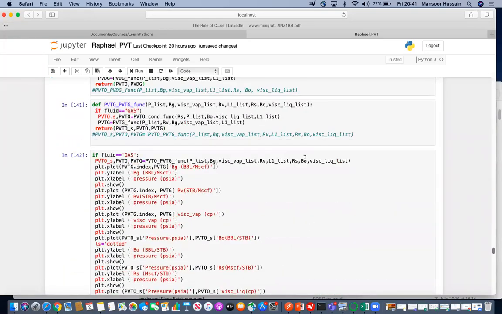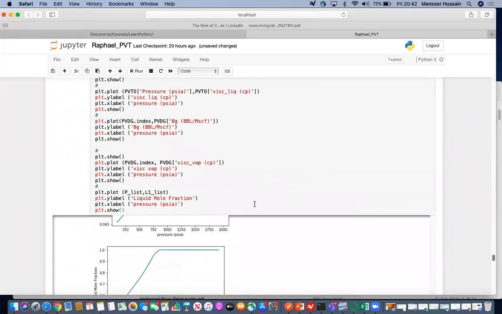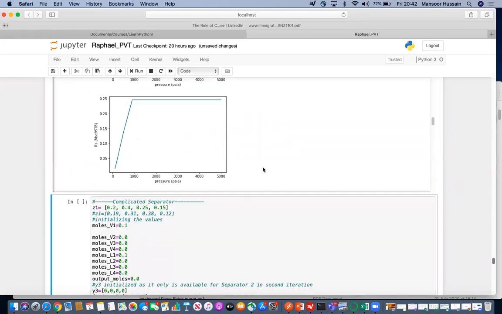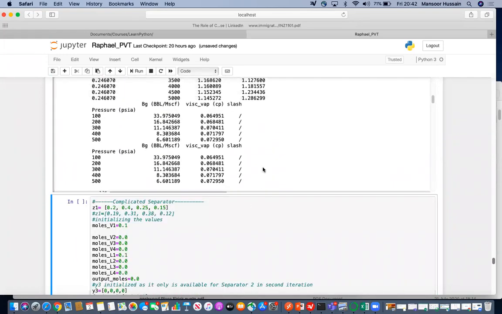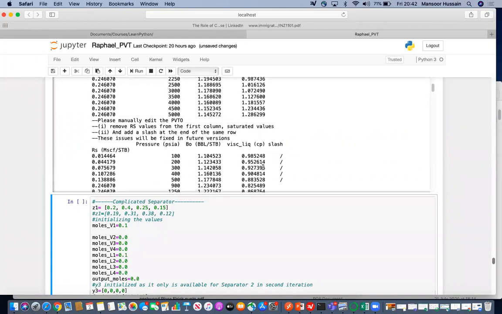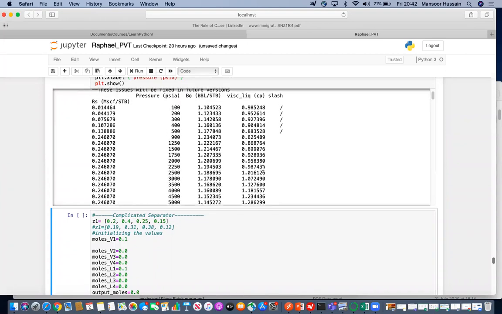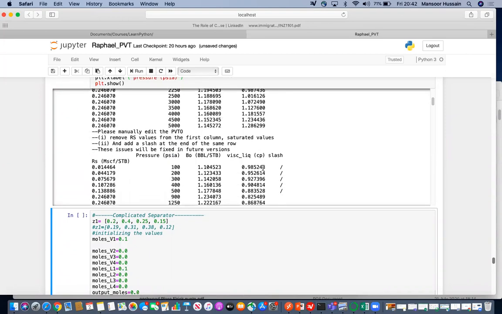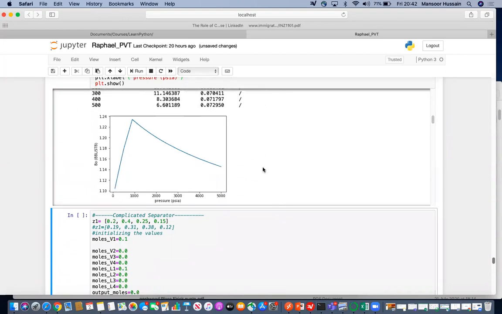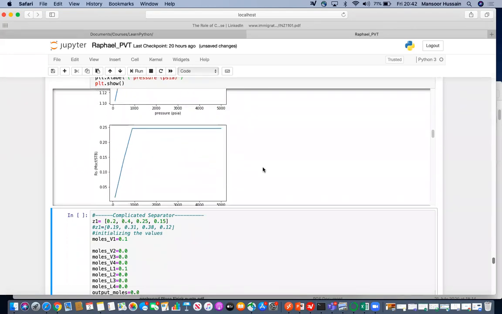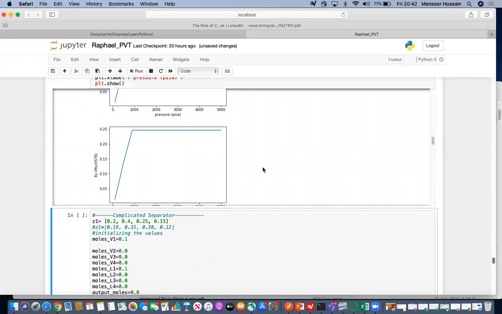Now let's run this oil function again. So now this is for a different oil. You see, it's giving me a different answer. And if you look at the plots, BO and RS, I think I need to restart and clear the kernels because it's writing everything twice.